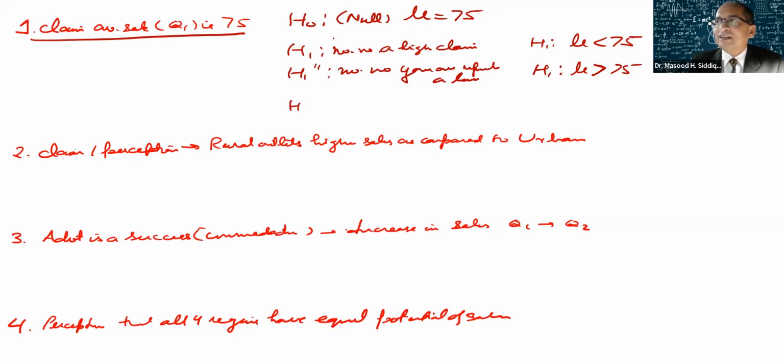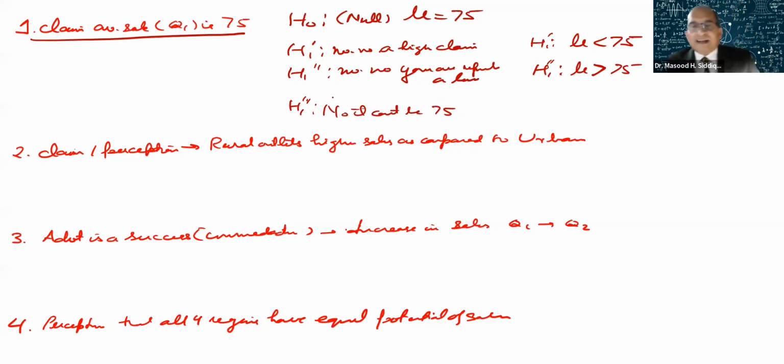Now, the third case can be the following. The first two give the direction. In the next case, the person says, no, it can't be 75, right? But we are not clear whether it is greater than 75 or less than 75.